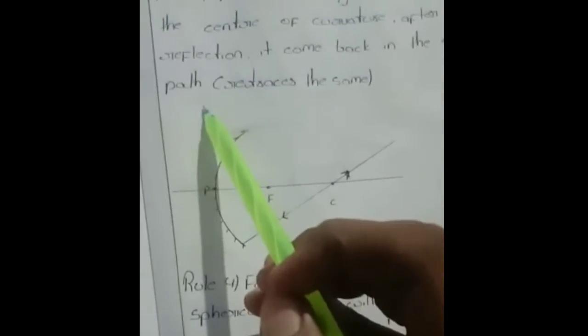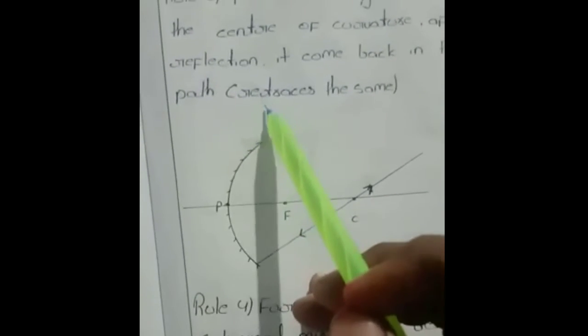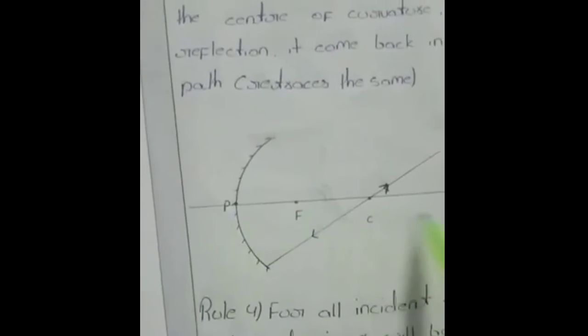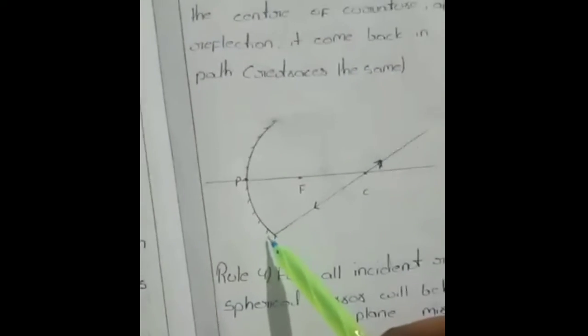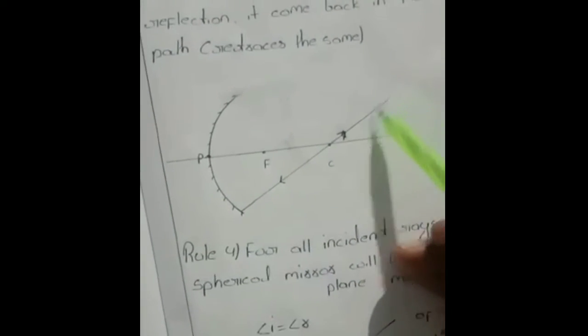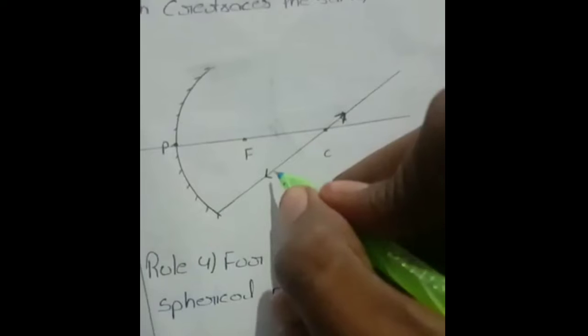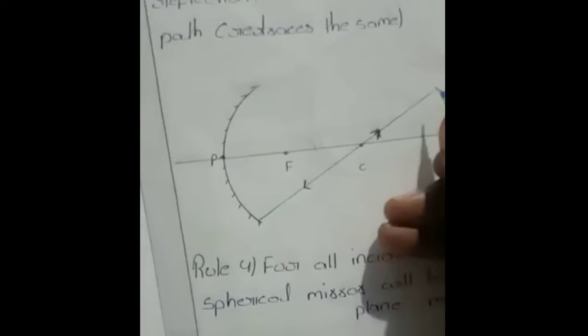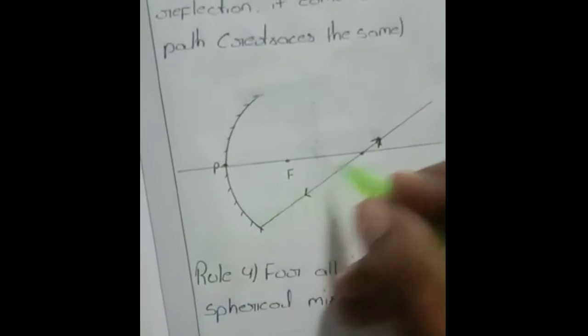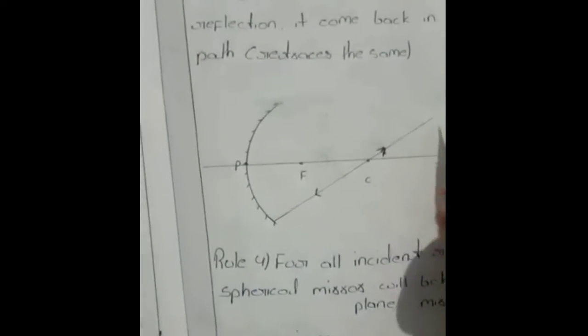We can say it retraces the same path. See friends, concave mirror, principal axis, pole, focus, the incident ray reflects here and goes back again. So we keep these directions, friends. It passes straight and reflects back along the same path, friends.